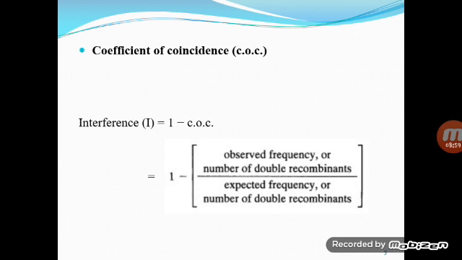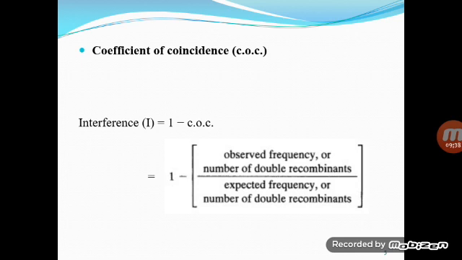So first we will find out what the coefficient of coincidence is. Interference is quantified by first calculating a term called the coefficient of coincidence, shortly COC, which is the ratio of observed to expected double recombinants.